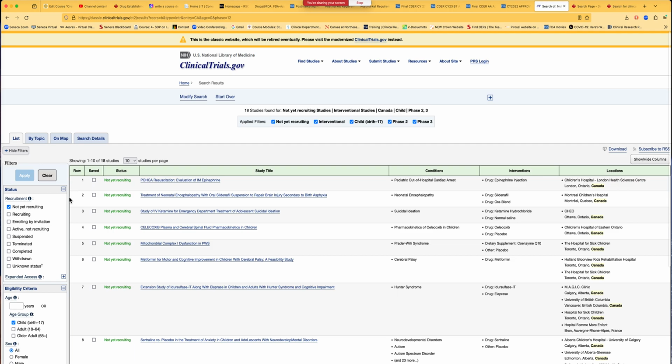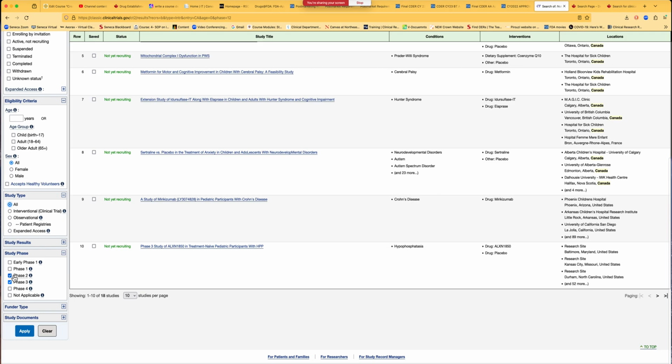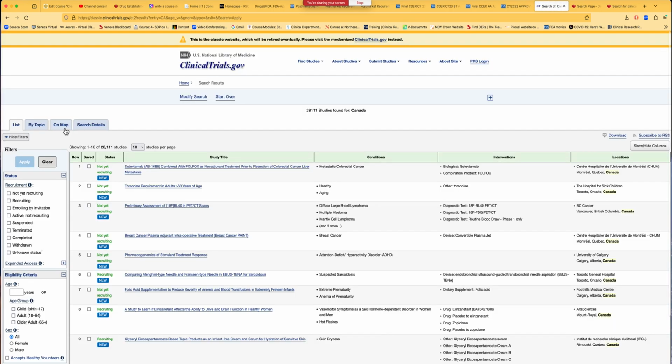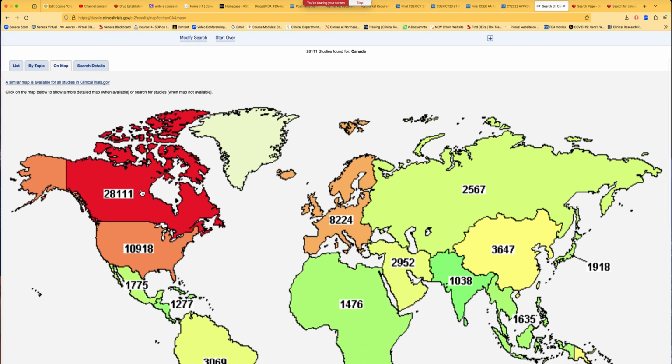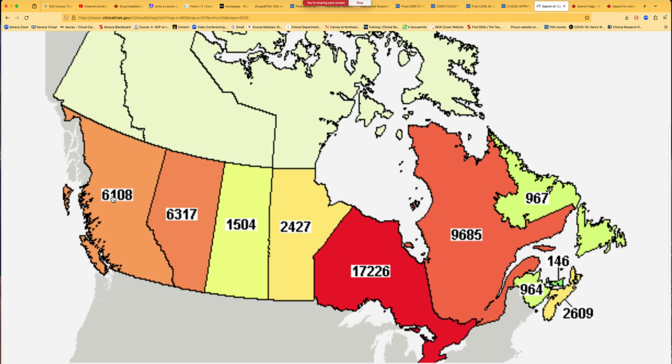Now you can also, for example, remove the not yet recruiting, remove the different updates, and then when I have this, I go to the map, and now I go to Canada, and I see in each province what the studies are.